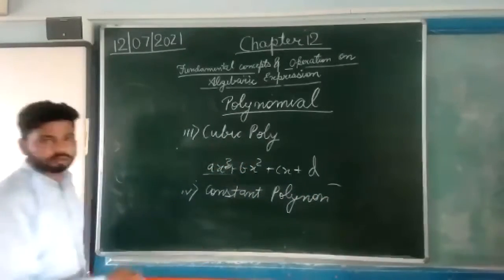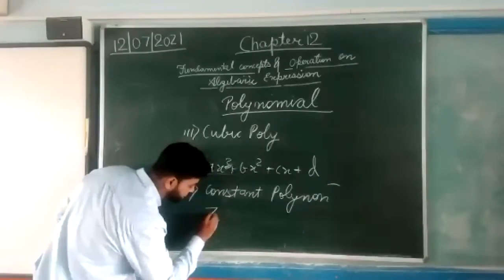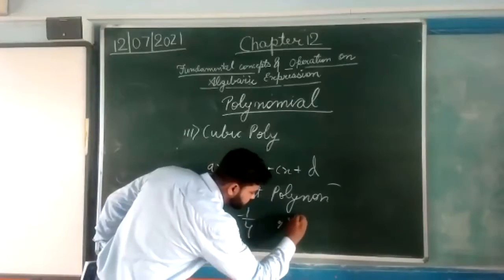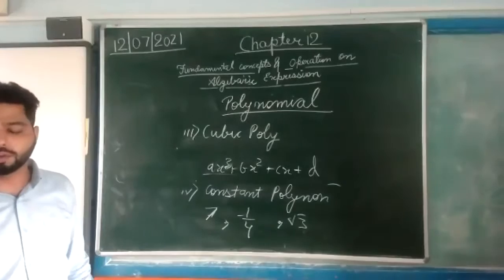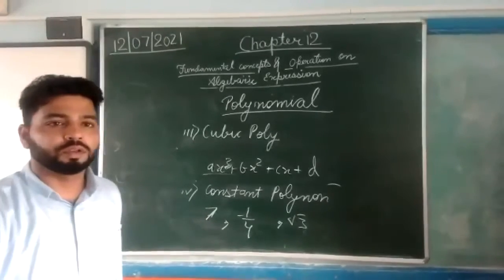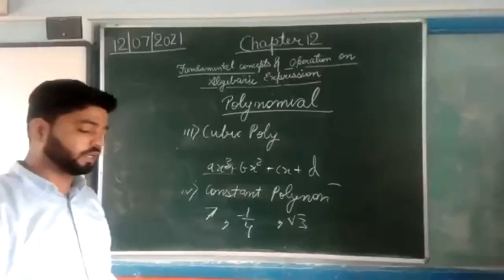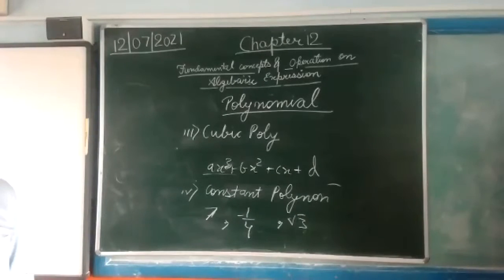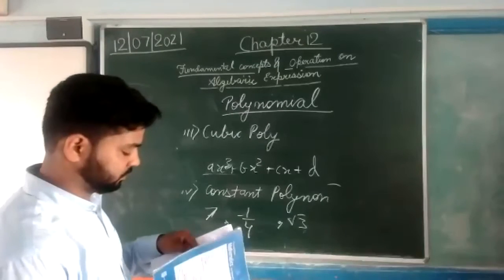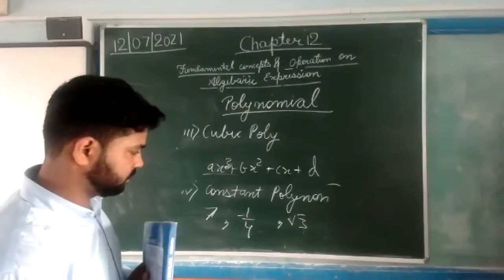Constant polynomial. What is a constant polynomial? Any term which consists only of a constant number is called a constant polynomial. Why is it called the constant polynomial? Can anyone tell me? Just raise your hand. Artika, tell me. Sir, because in this only constant is there, and the power is 0.